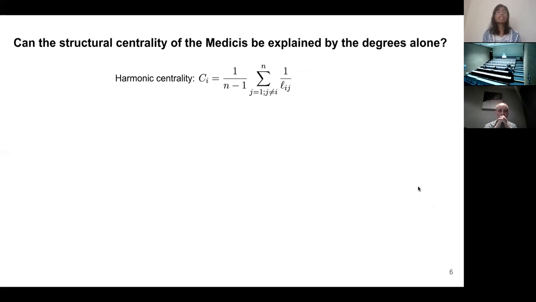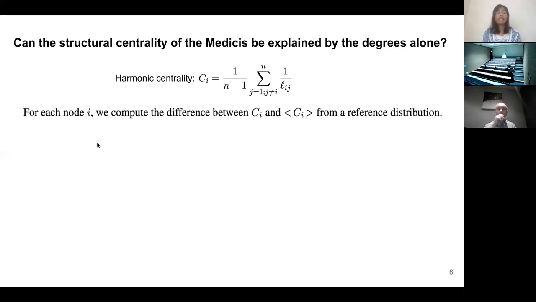For that, we're going to calculate the harmonic centrality of each node in the network, where harmonic centrality gives us a sense of how close a node is to all the other nodes in the network. And so the higher the harmonic centrality, the closer the node is to all the other nodes of the network.